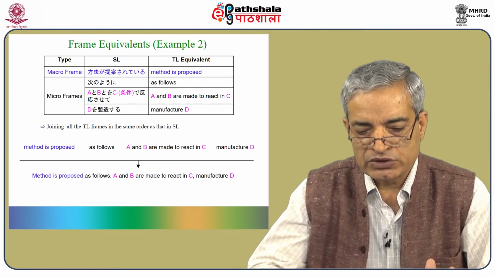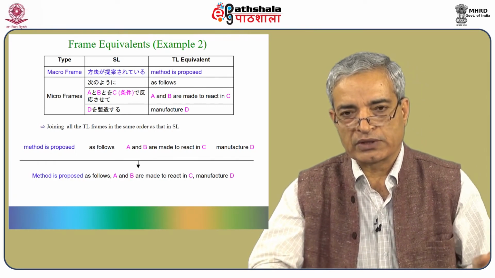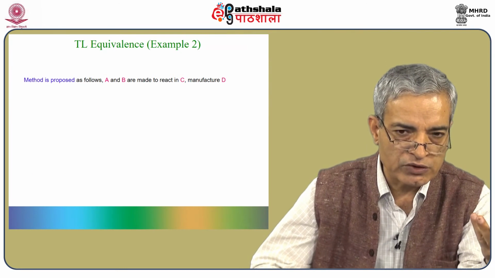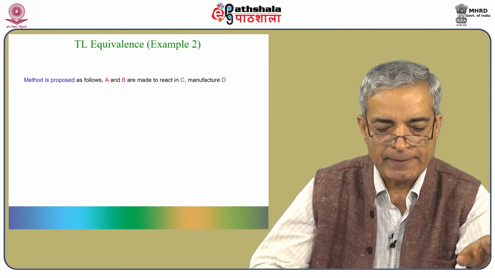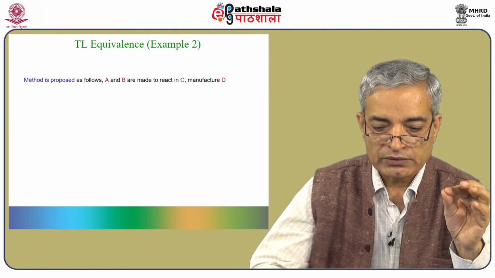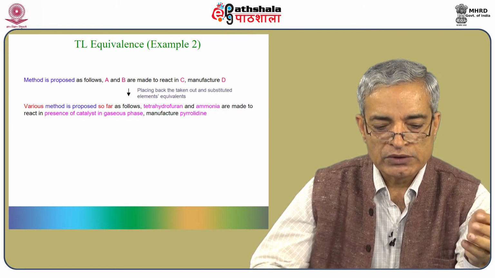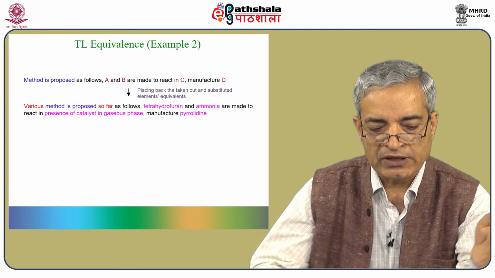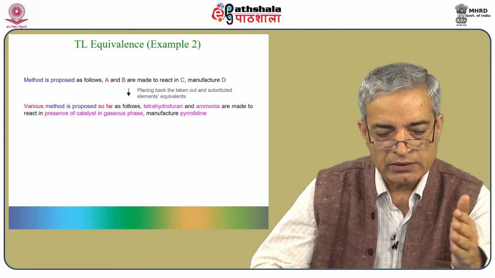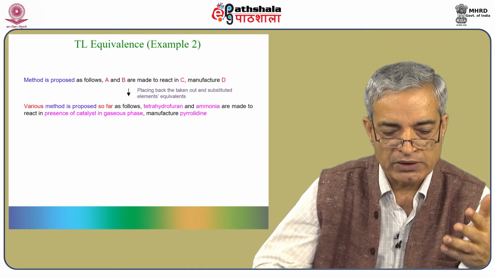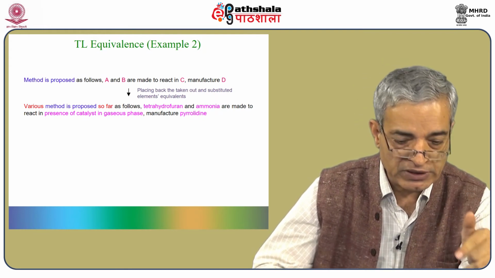And let's see, can we do some fine tuning? First, let's try to bring back the elements that were kept aside, or the substituted elements also. So various method becomes various methods. Various is there, so it should be plural, so this needs to be corrected here.